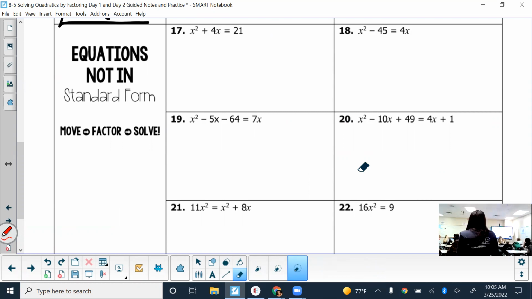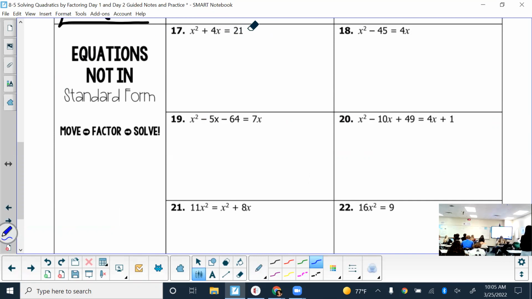So like in number 17, how could I make this 21 become 0? Then I add it, subtract it, multiply, divide it. I can subtract it. I can subtract 21, and now my right side of the equation will be 0. But whatever I do on one side of the equation, you have to do to the other side.